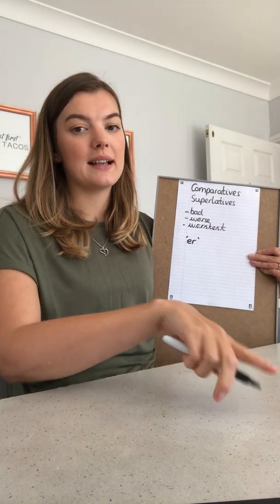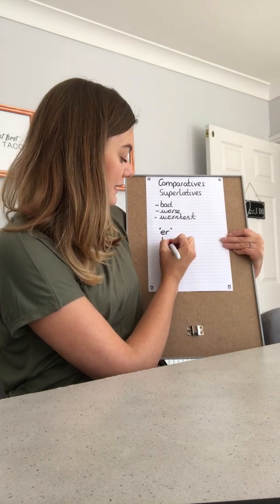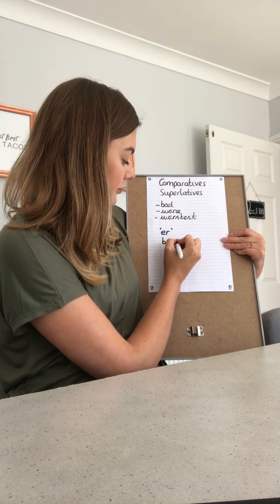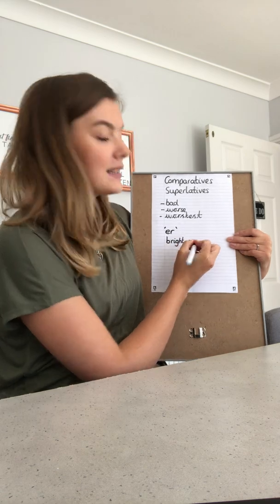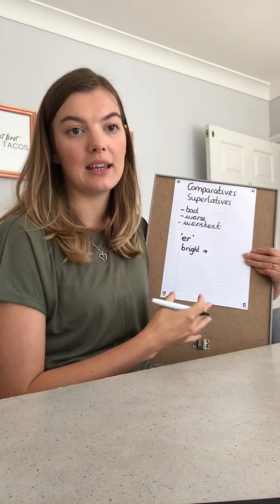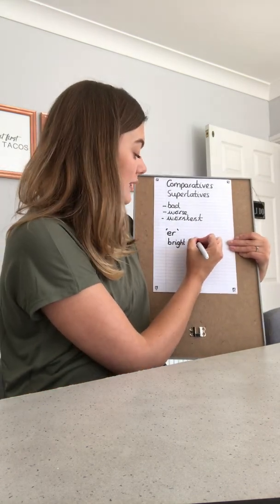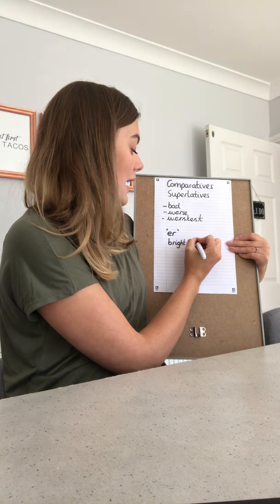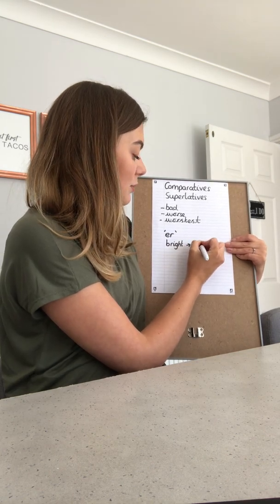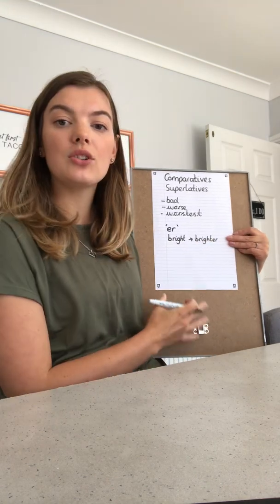So, for example, my adjective would be bright. And if you want to turn that into a comparative adjective to compare it to something else, you would add the suffix er and your adjective would become brighter.